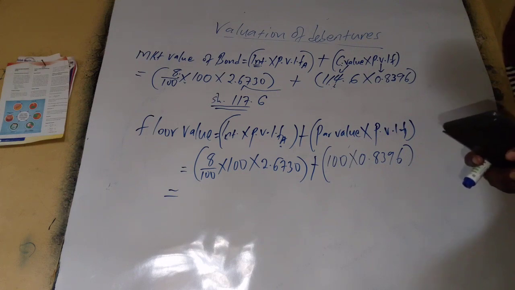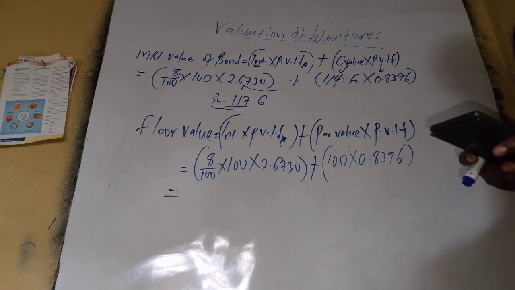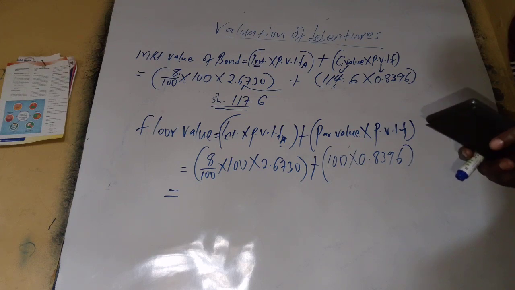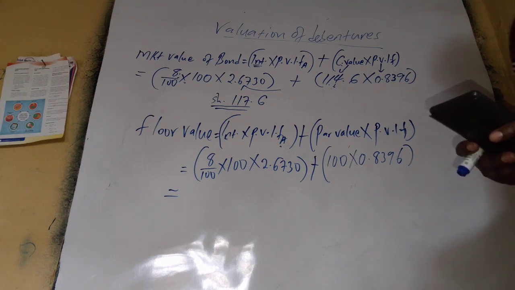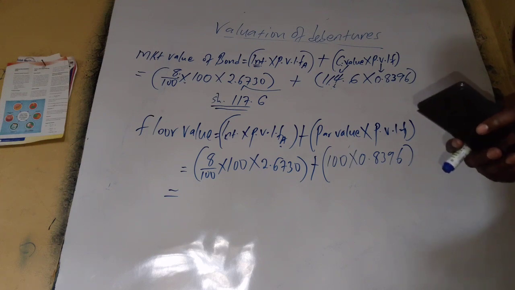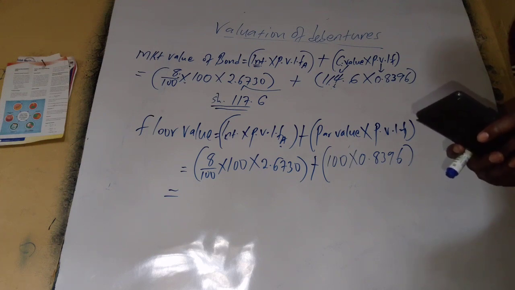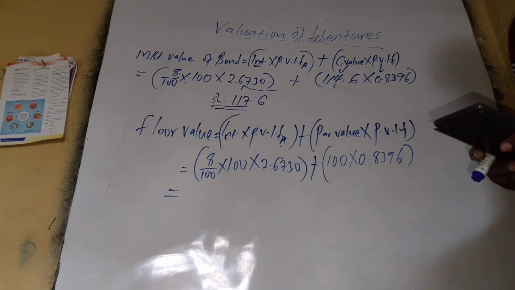Get 8%, multiply this by 100 times 2.6730. I add it to 100 times 0.8396.